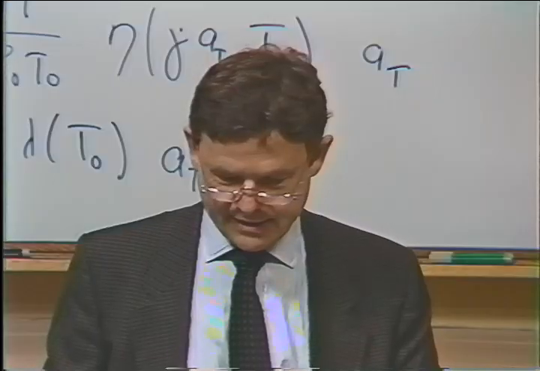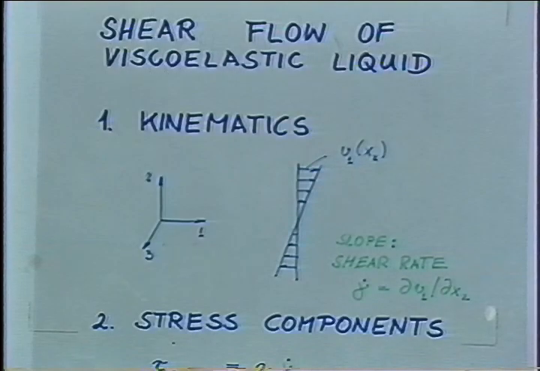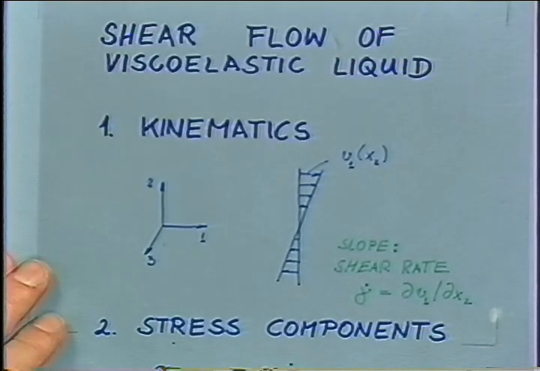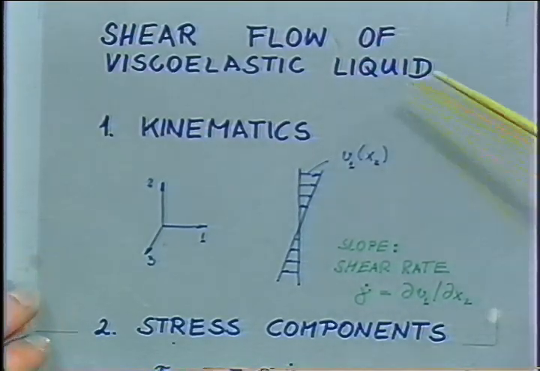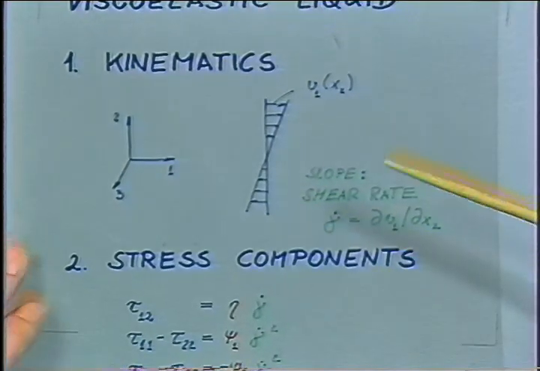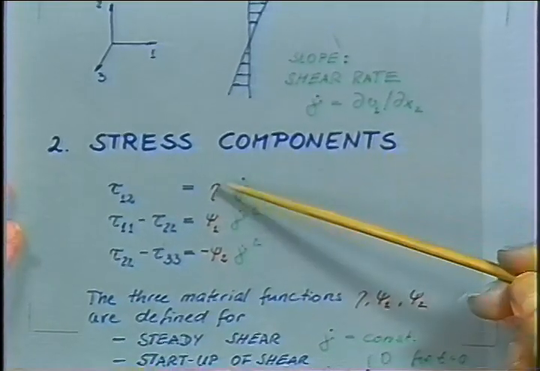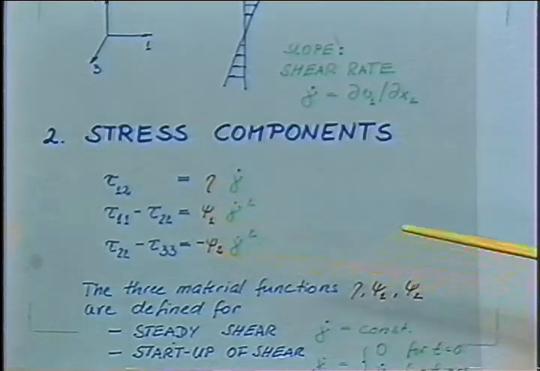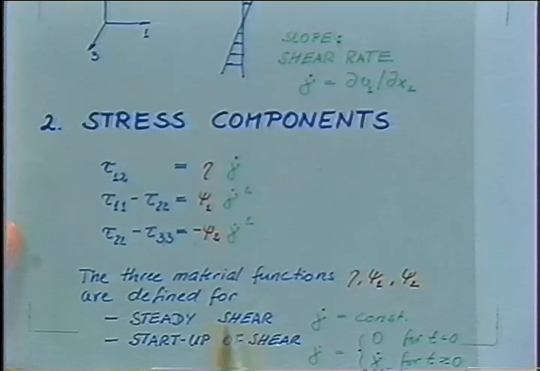Okay, now let's go to capillary rheometry, or let's go to shear rheometry in general. In shear flow, as we know by now, we would like to generate this type of kinematics and would like to measure material functions, the three material functions. And in the capillary rheometer, the shear rate is constant.